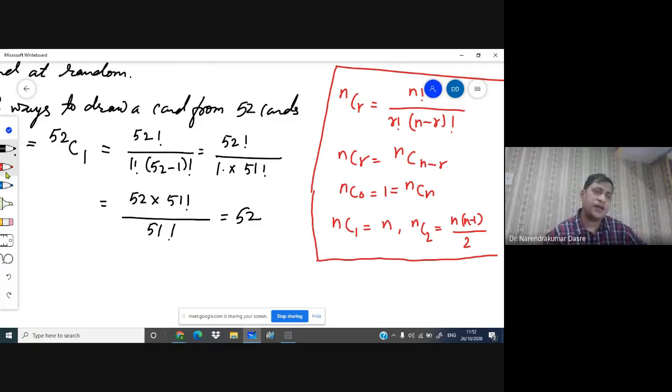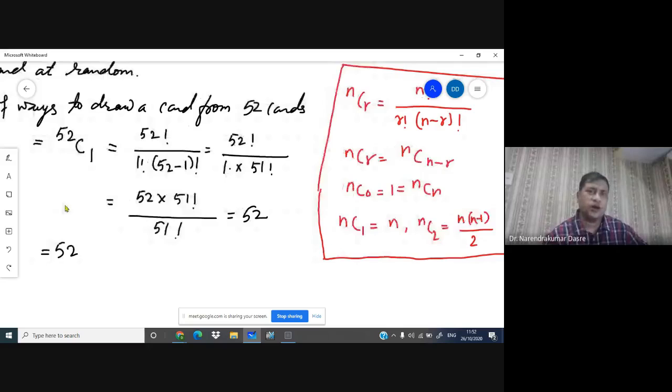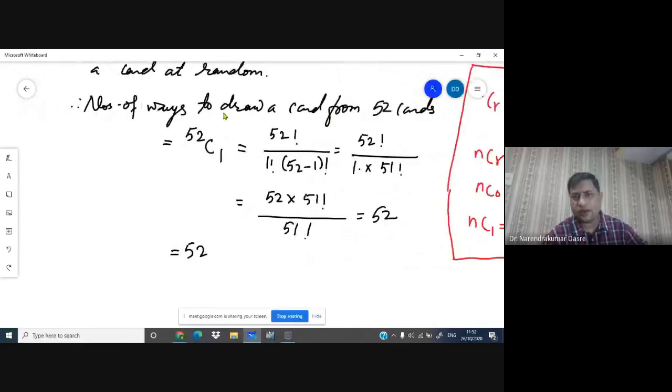Hence the number of ways is going to be 52. So in 52 ways you are able to draw a card from a pack of 52 cards. These are the sample points we have, or this is the number of points in the sample space.